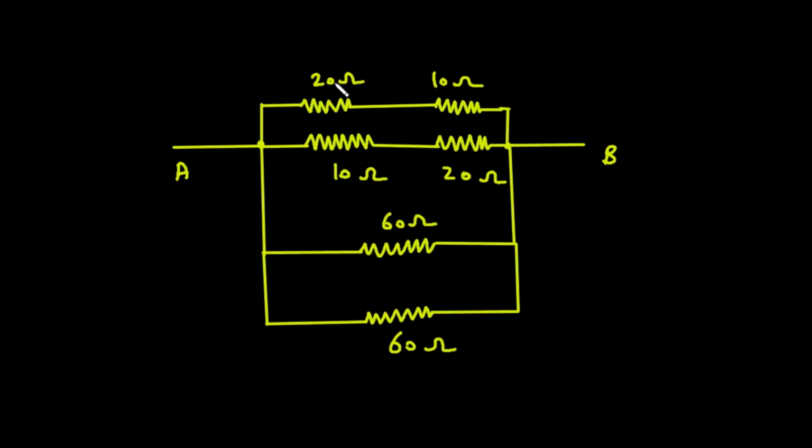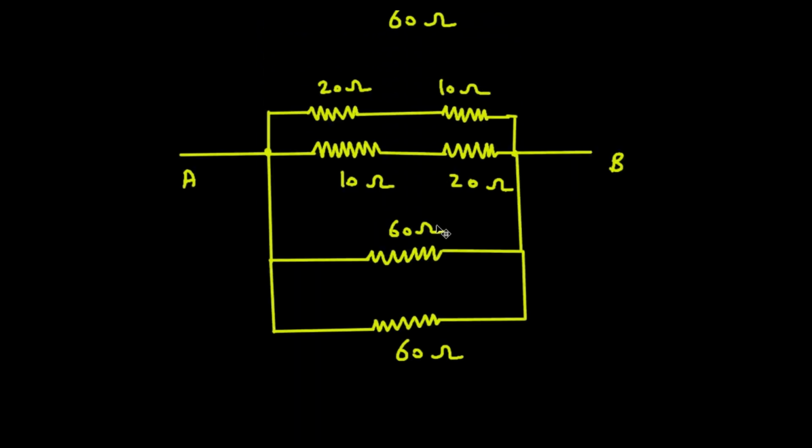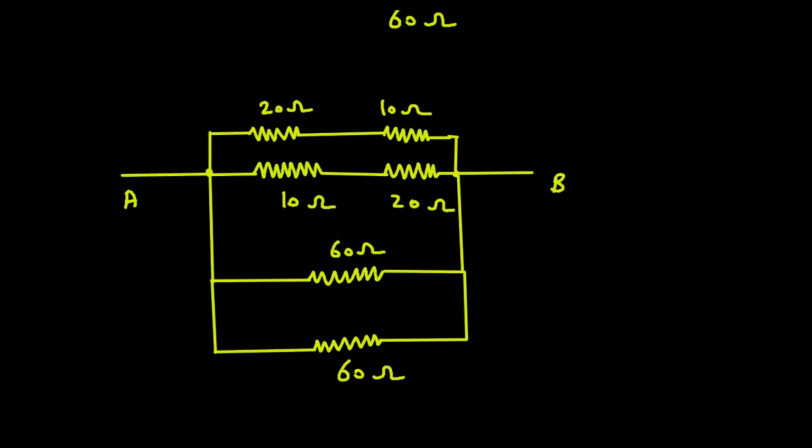Now here we can clearly see this 20 ohm and this 10 ohm are connected in series. Also this 10 ohm and 20 ohm are connected in series. So let's solve this first. We can replace this by 30 ohm because 20 ohm plus 10 ohm is equal to 30 ohm.